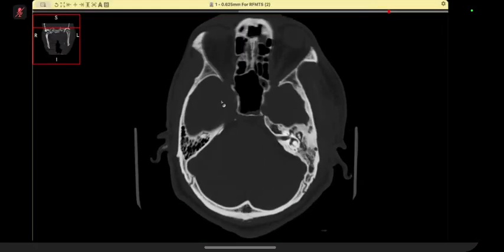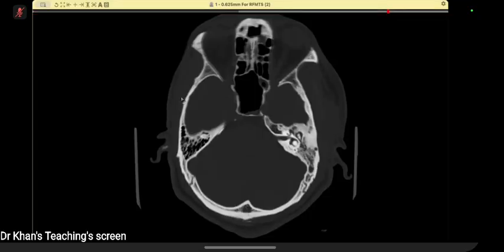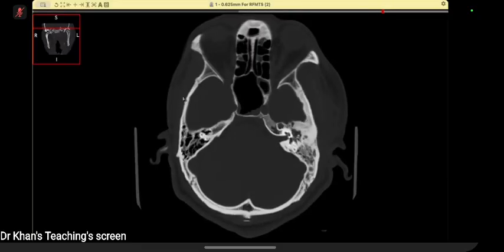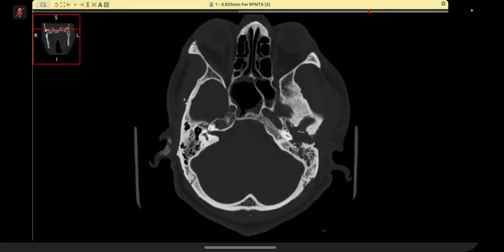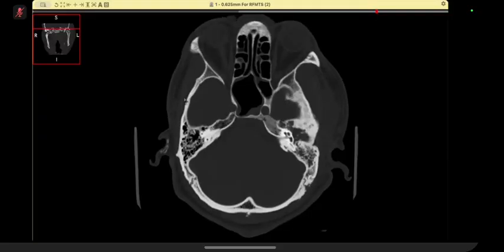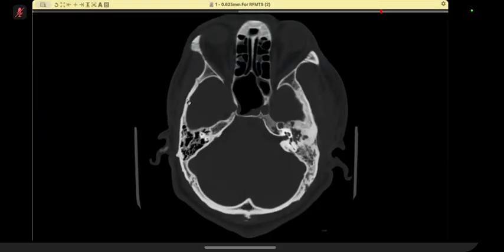Now, what we see is that the candidate did very well, even on the bone window. This is what the exam is about: keep your minds open, and then you can ask for a soft tissue window. The candidate did very well where she said, I would like to see a soft tissue window.